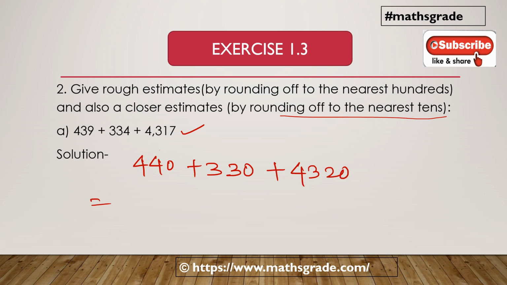Now we add these numbers, 440 plus 330 plus 4,320, which is 5,090. So the estimated sum of 439, 334 and 4,317 is 5,090.